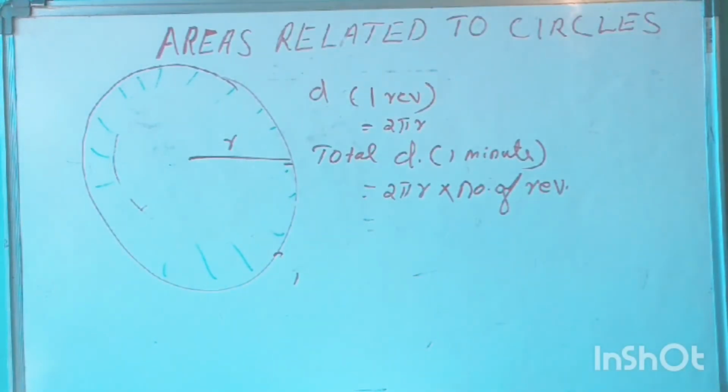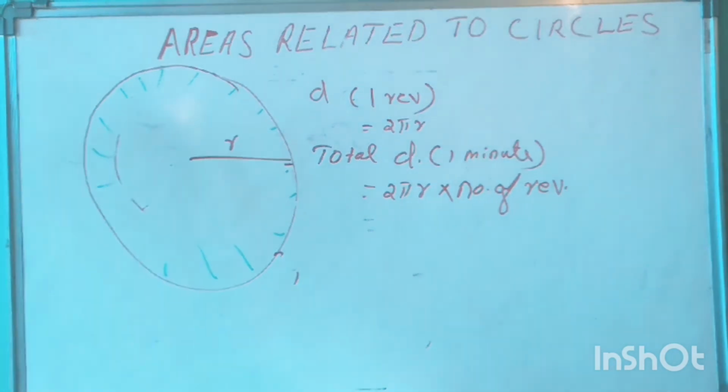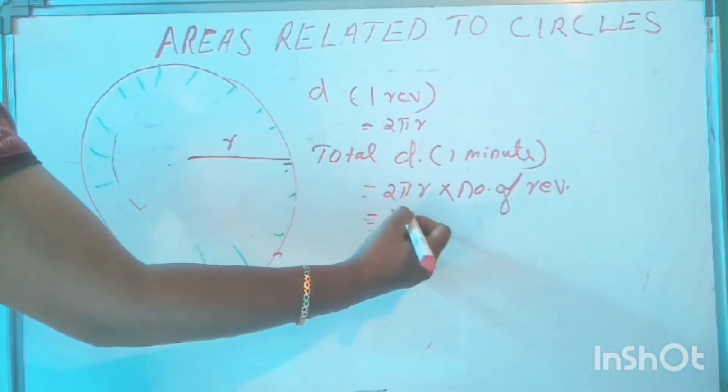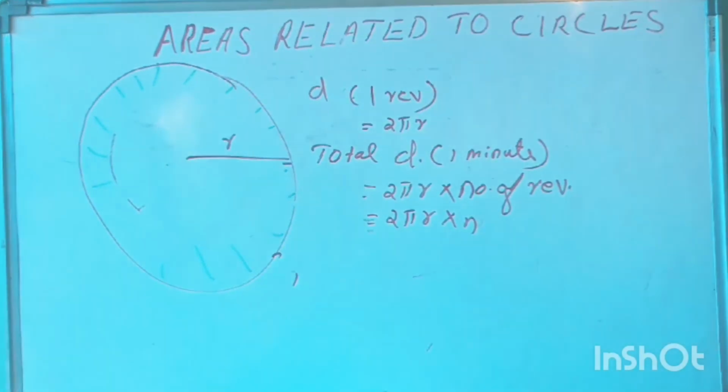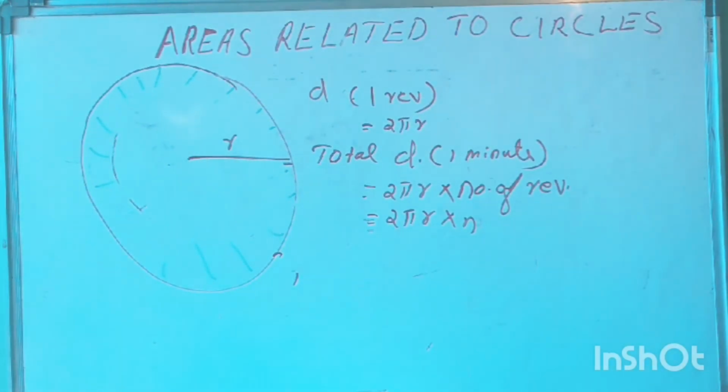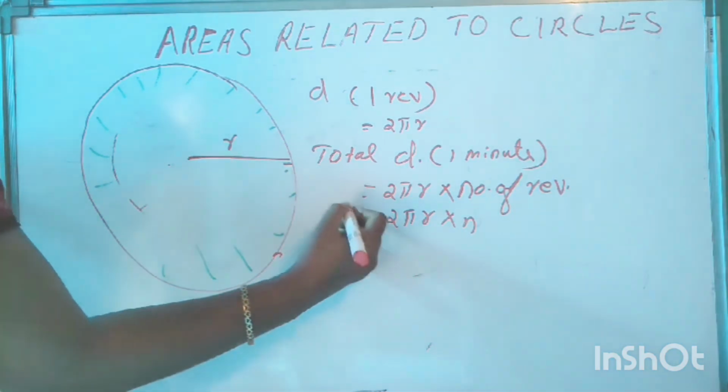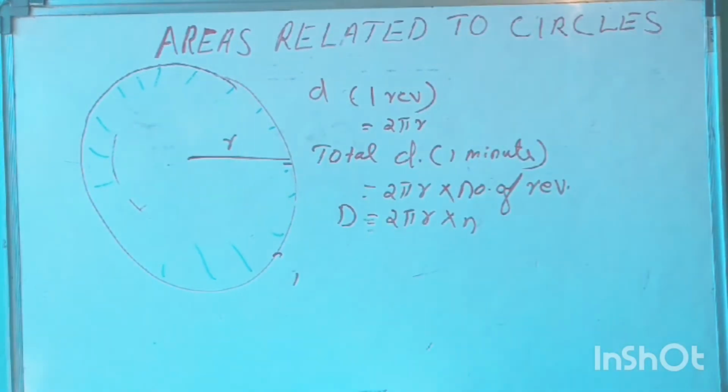Total distance covered by a wheel in 1 minute is equal to 2 pi r into number of revolutions completed by the wheel in 1 minute. That is, suppose it is n revolutions. If it completes n revolutions in 1 minute, then 2 pi r into n. So total distance covered by a wheel in 1 minute is equal to 2 pi r into n.